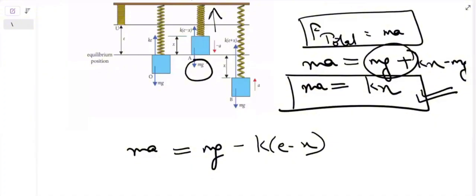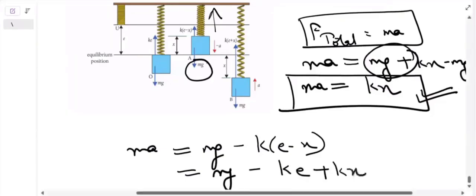So where is your acceleration direction happening? Down. Okay. So this will be plus and this will be minus. Any doubts? No, ma'am.